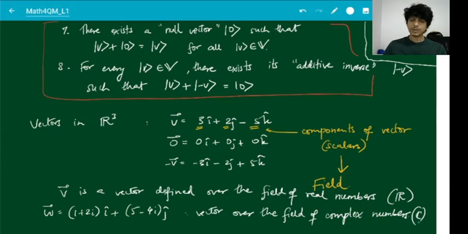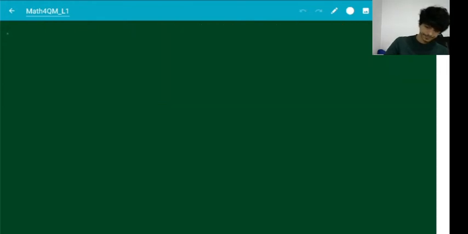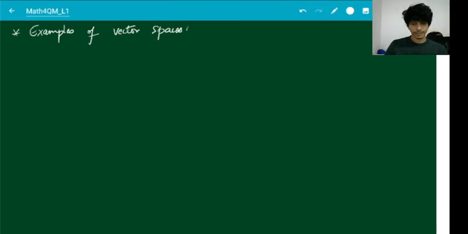Okay, so now let's take some examples of vector spaces. So first example I will take R2. R2 is basically just numbers of the form x comma y.